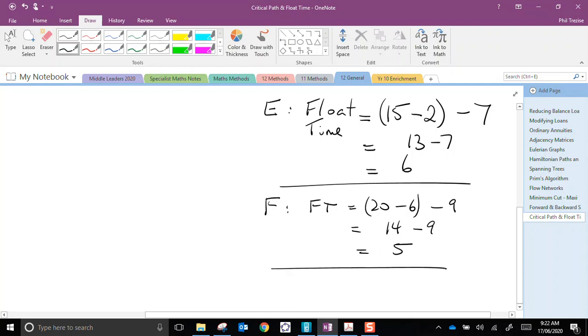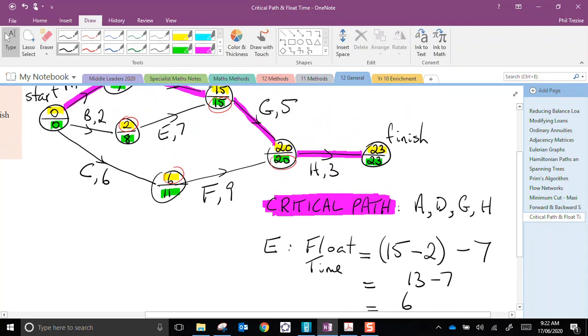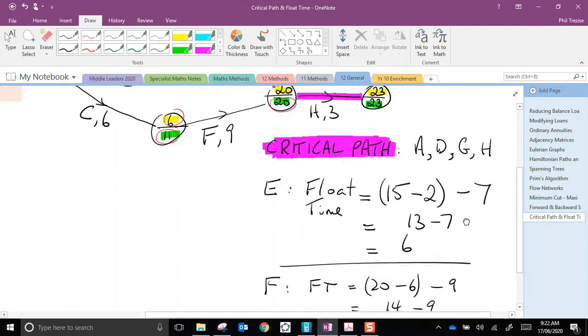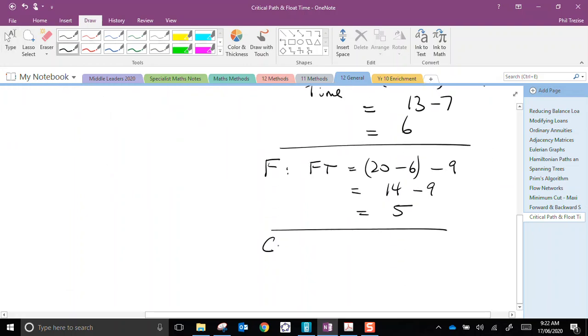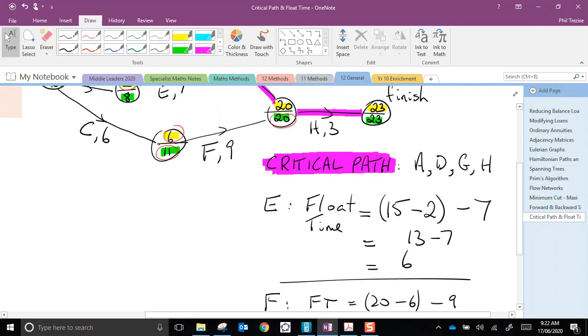There's a 5-minute float time for F. For job C, I have 11, take nothing, and job C is 6. So 11, take nothing. Job C was 6. That comes to 5. 5 minutes of float time.